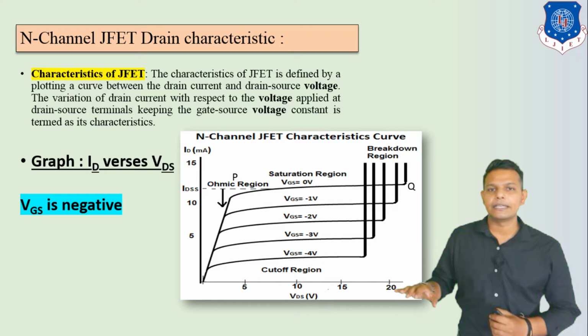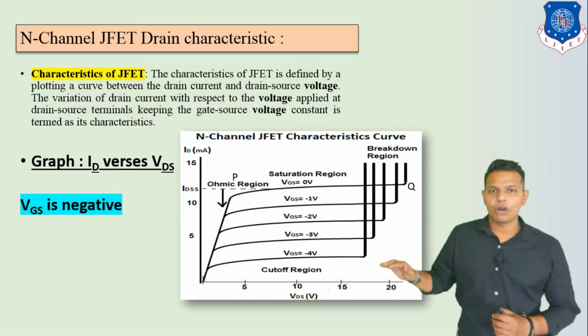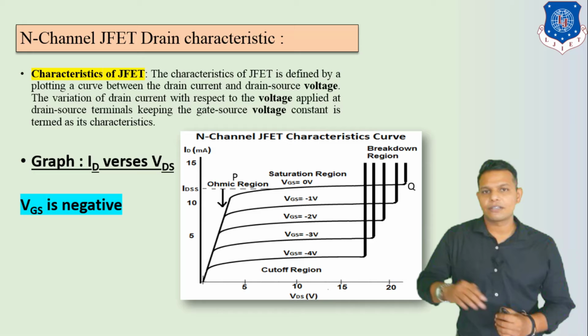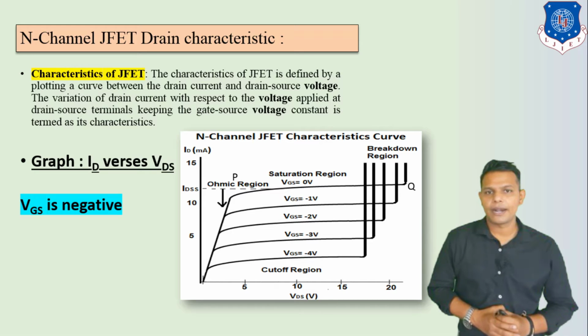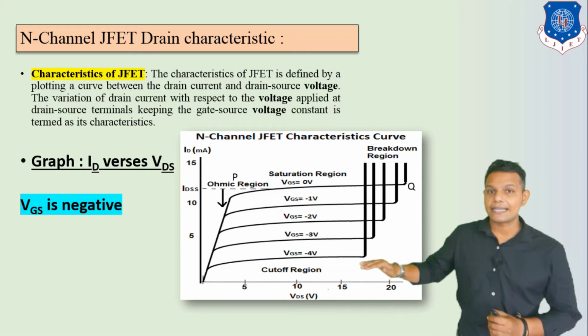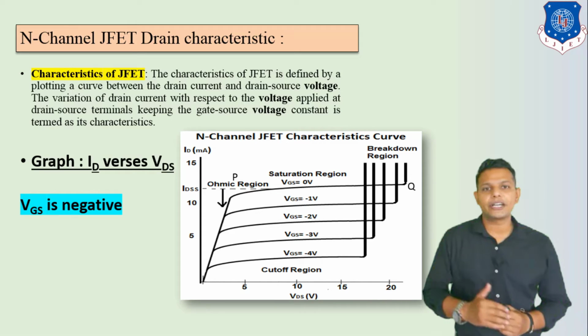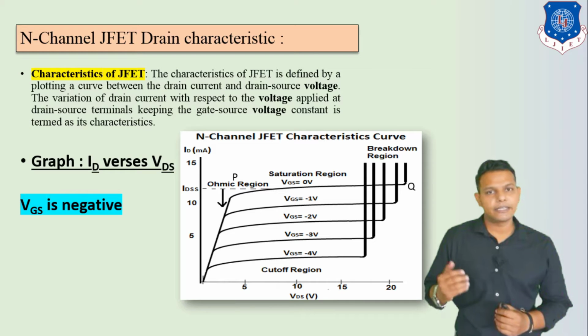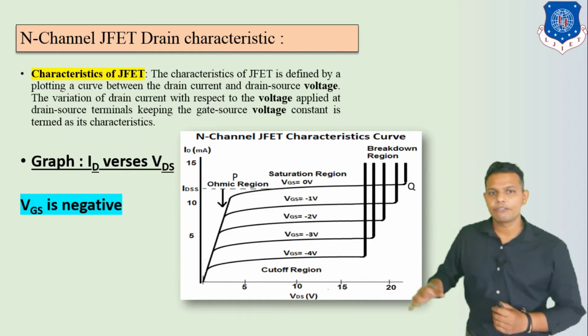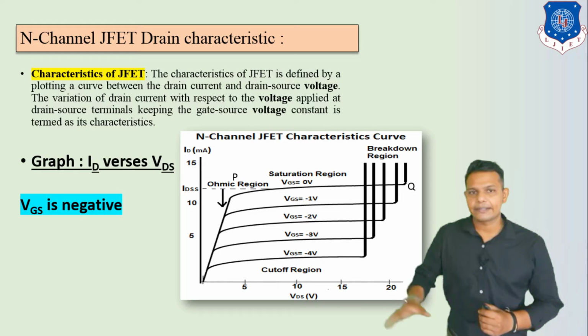That means basically it is the graph of ID versus VDS. Now here VGS is negative. Remember this thing, in an N-channel JFET we should take VGS negative. So here we can see this is the characteristics.